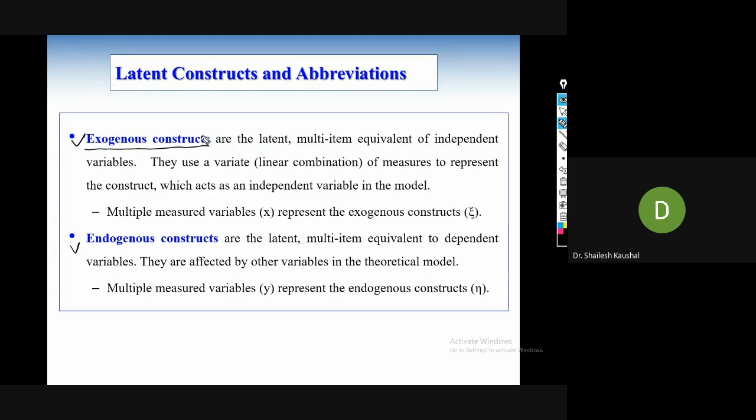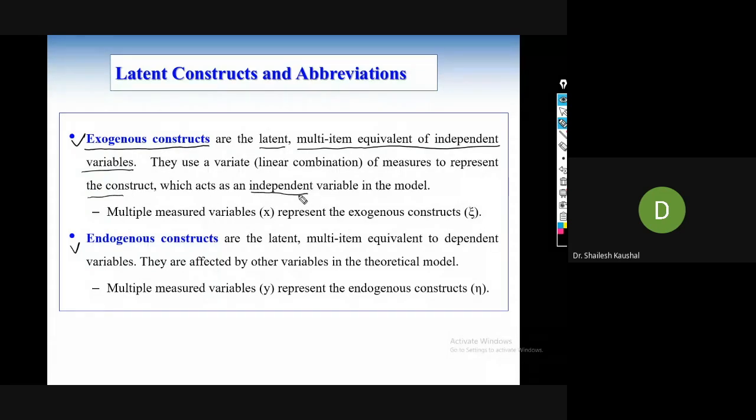Exogenous constructs are latent, multi-item equivalents of independent variables. They are latent because unobserved means latent. There may be three or four independent variables, used as linear combinations of measures to represent the construct, which acts as an independent variable.